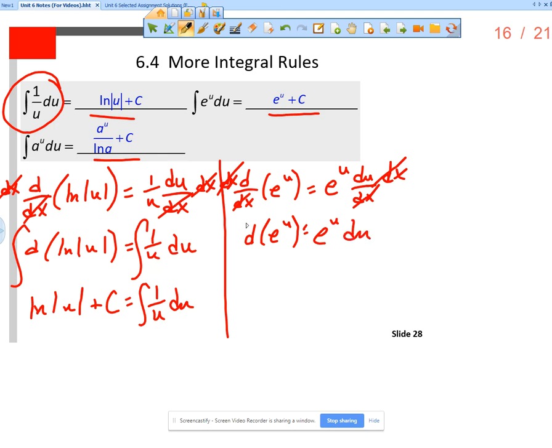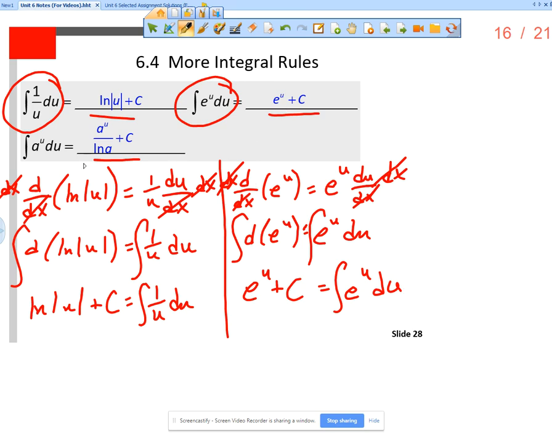Now we want to integrate both sides. The right side is the rule we're trying to learn. What is the integral of the derivative of e to the u? It's e to the u plus c. So the integral of e to the u du is equal to e to the u plus c.